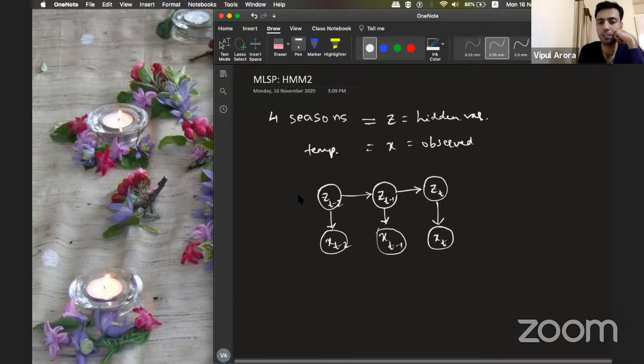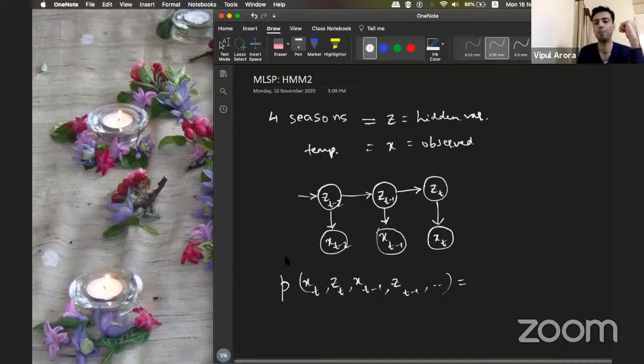So how do I model the joint PDF? The joint probability of all the random variables, Xt minus 1, Zt minus 1, and so on. How do I model this joint PDF? This joint PDF is a very powerful thing. Basically, it tells us how things are.